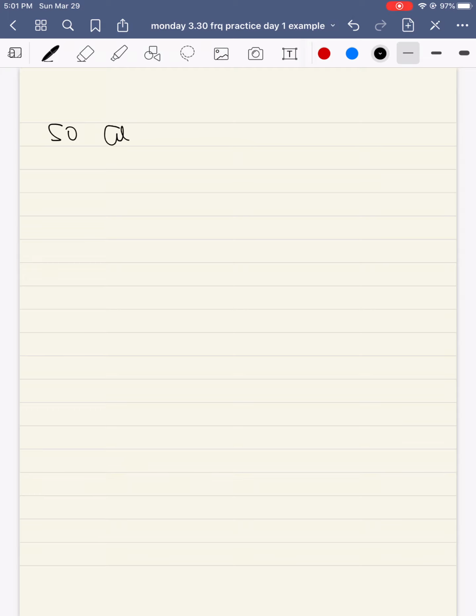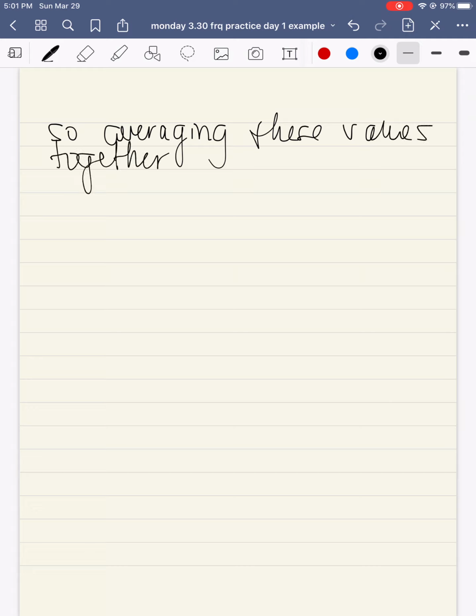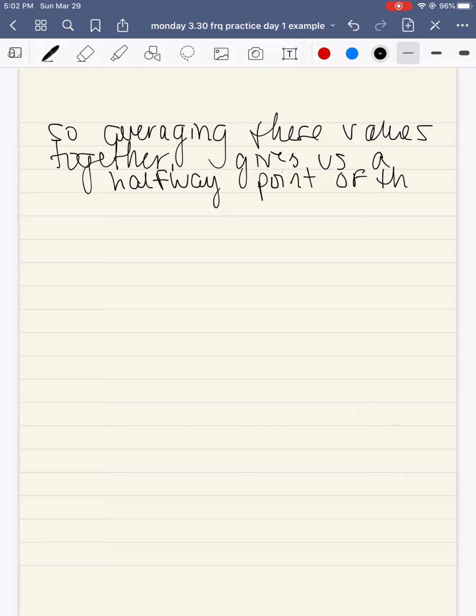So averaging these values together gives us a halfway point of the data, which is a measure of center.